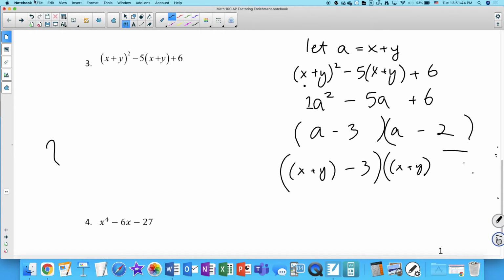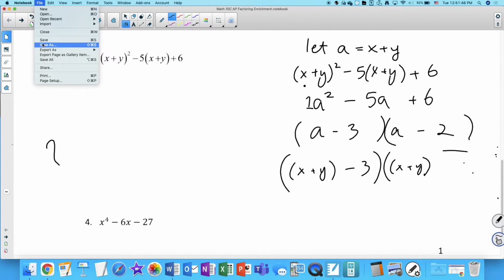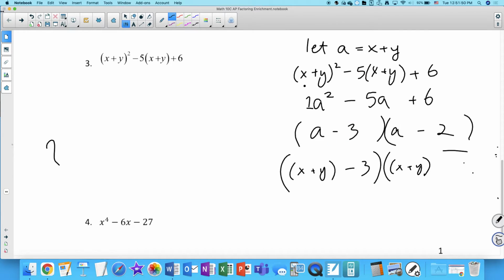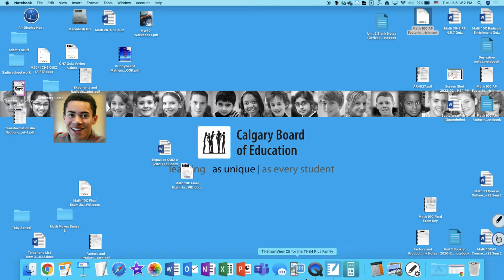I'm going to select the text box, save it, close it and quit Notebook and then open it again. Now I have to find it wherever it went. I'll just go open recent.